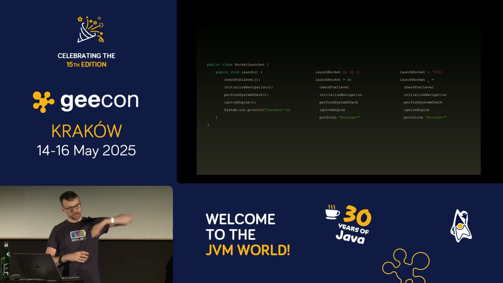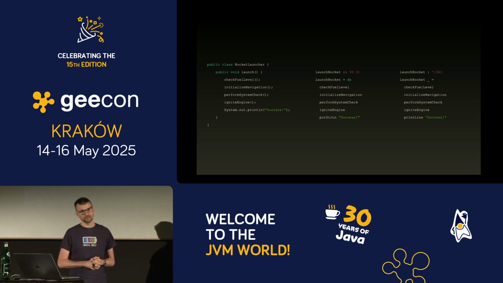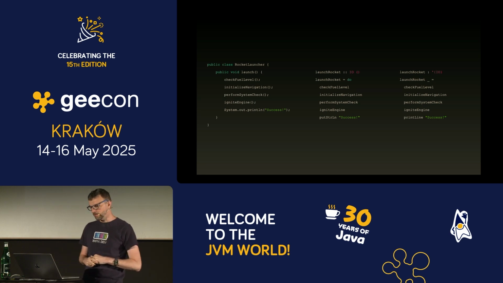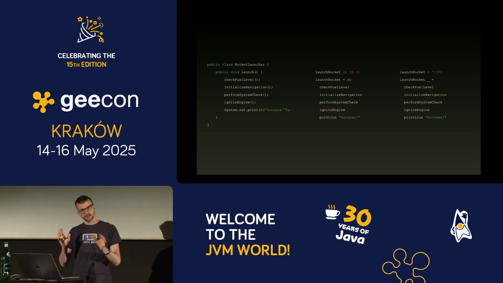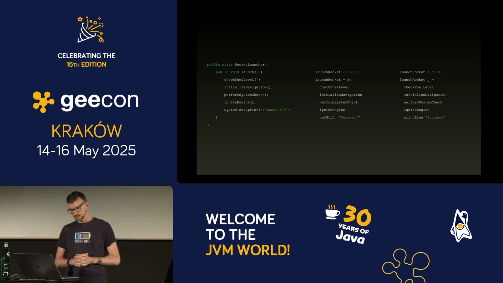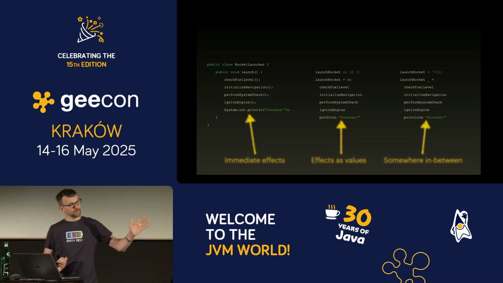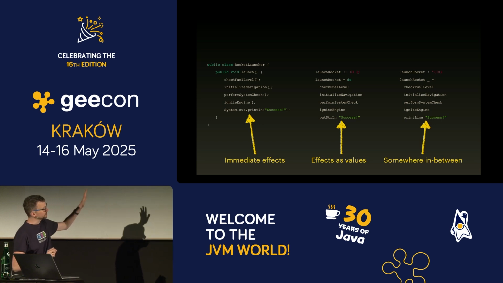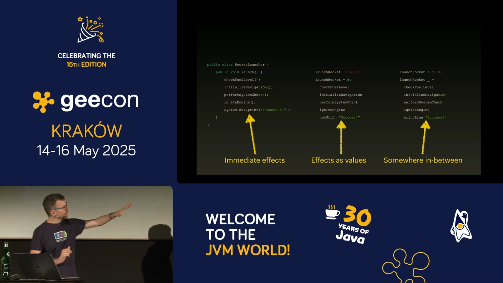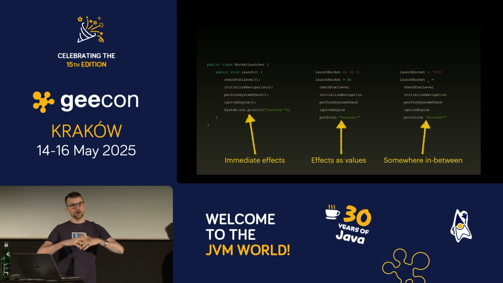And then some languages, like the one on the right-hand side, that's Unison, a very interesting language, kind of an experimental one. They use abilities. So they say you can take both an imperative and a functional approach to them, but that's kind of a side note. Yeah, so we've got this distinction that in functional programming languages, we often describe effects or concepts as values, and here we have immediate effects.